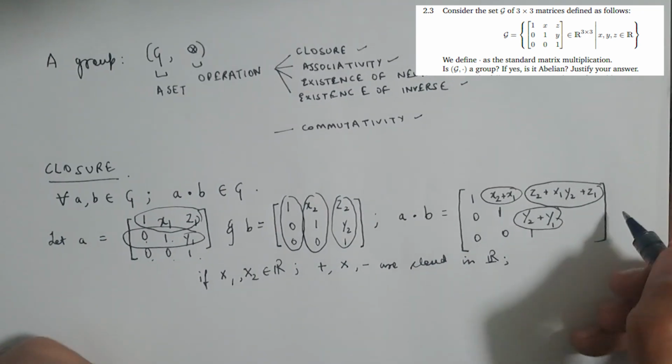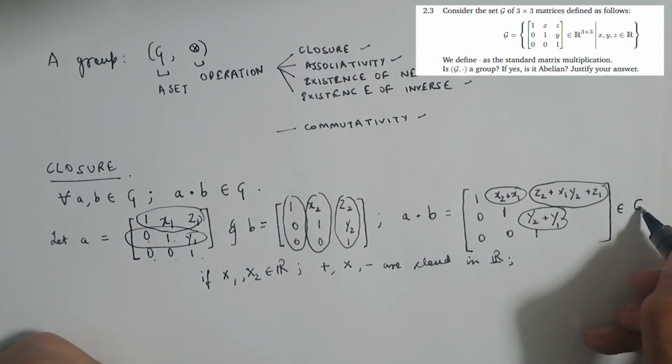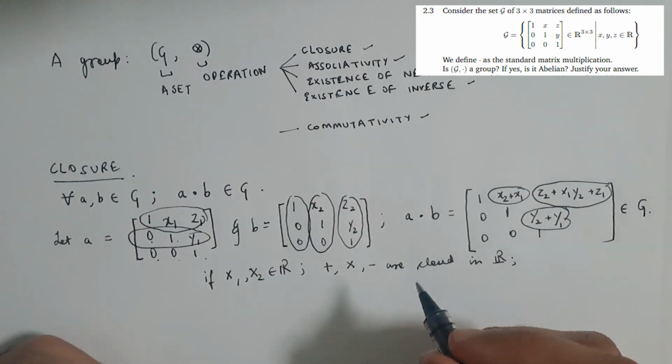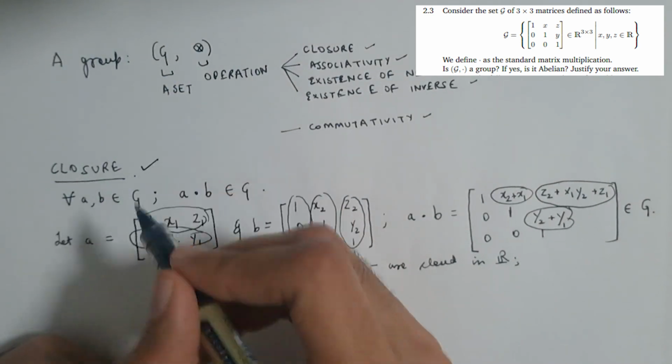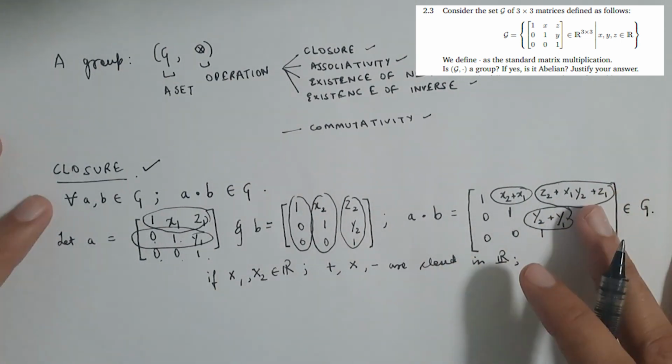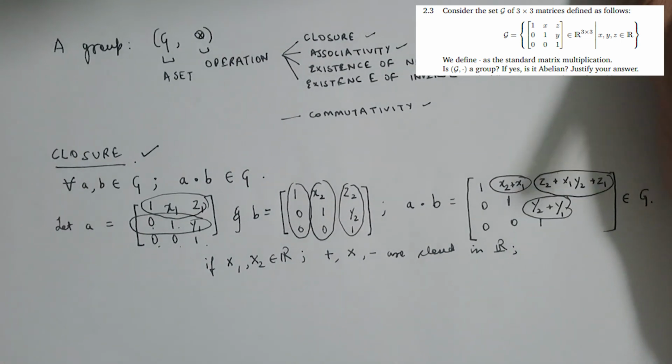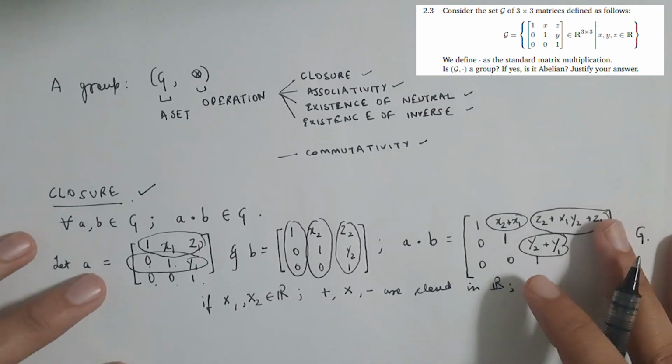And for that reason, A dot B is actually an element of the set G, which means this is actually closed. Righto, that was fun and simple, nothing too complicated.